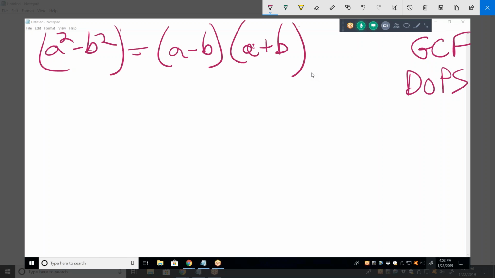That is a perfect square. That is a perfect square. And that subtraction sign means we're talking about the difference of perfect squares. So if I told you this, factor that.